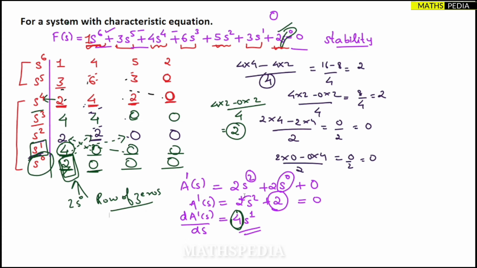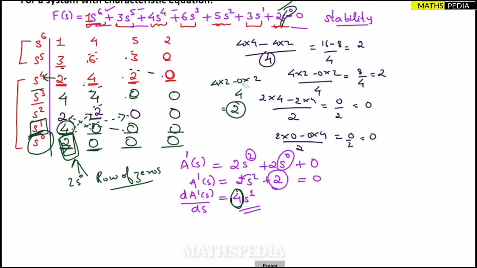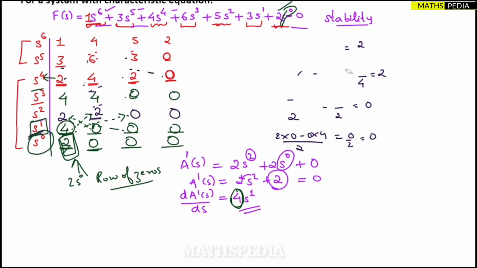Now we have to examine the stability, right? So basically if you see here in this question, we didn't get any sign changes. So therefore we can say that whenever there is no sign change, the system can be stable, but we are not sure. Now this system can be marginally stable or unstable also.